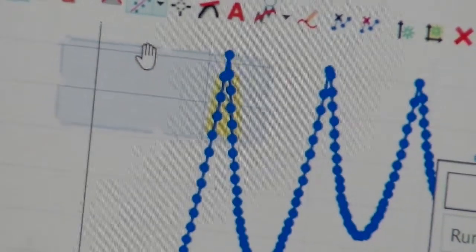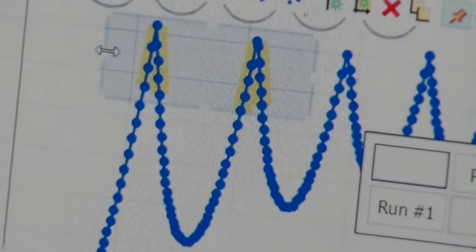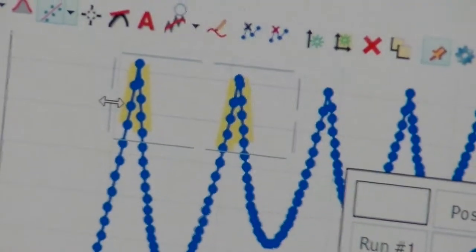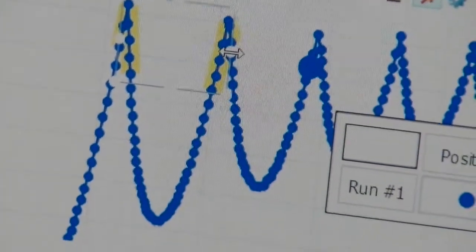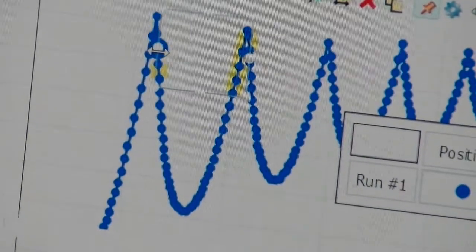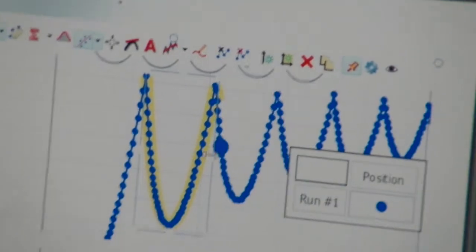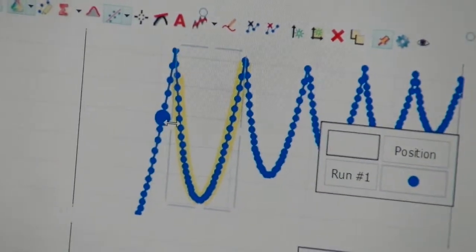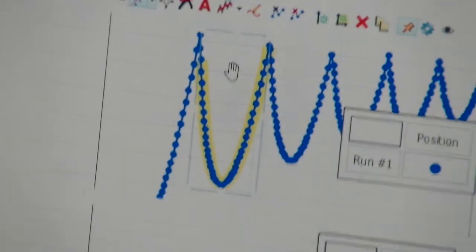We have to move the box and change its size so as to include only the data points that we want. So let's choose this parabola and change the size of the box. More or less only this parabola is now highlighted, and now we can fit.